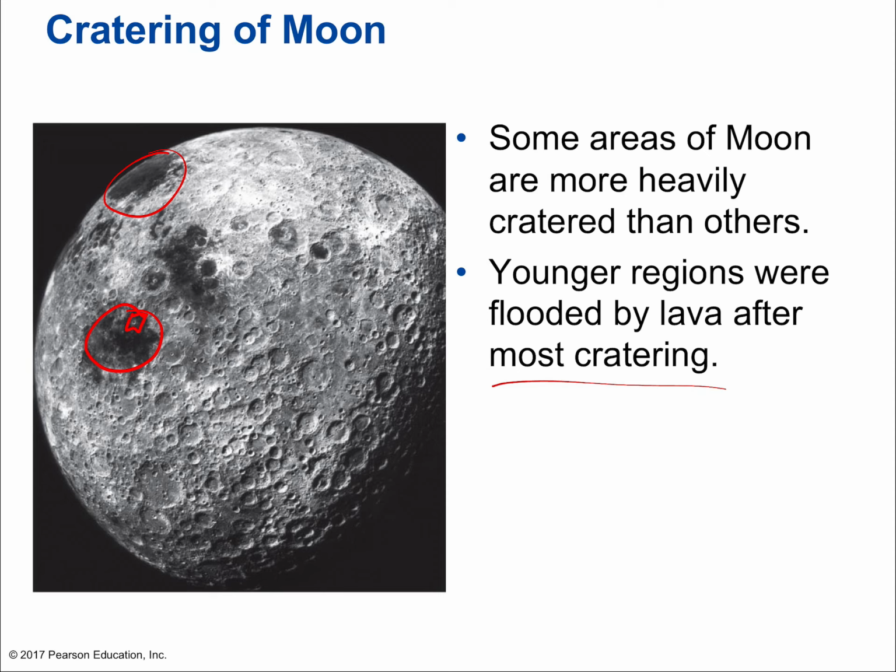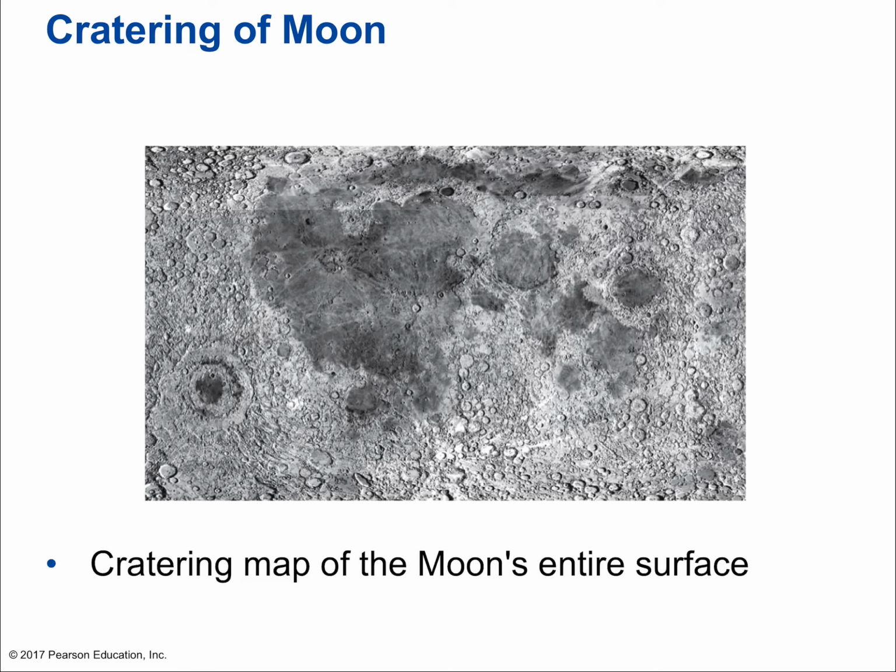And when those big, very low viscosity lava flows spread out over the moon's surface, bombardment had ended, and so those lava plains hardly got covered up. All right, so this is the cratering map of the moon's entire surface, and we can see big lava plains with only a few craters on them, whereas the older parts that weren't covered with lava are covered in giant craters, almost touching each other.